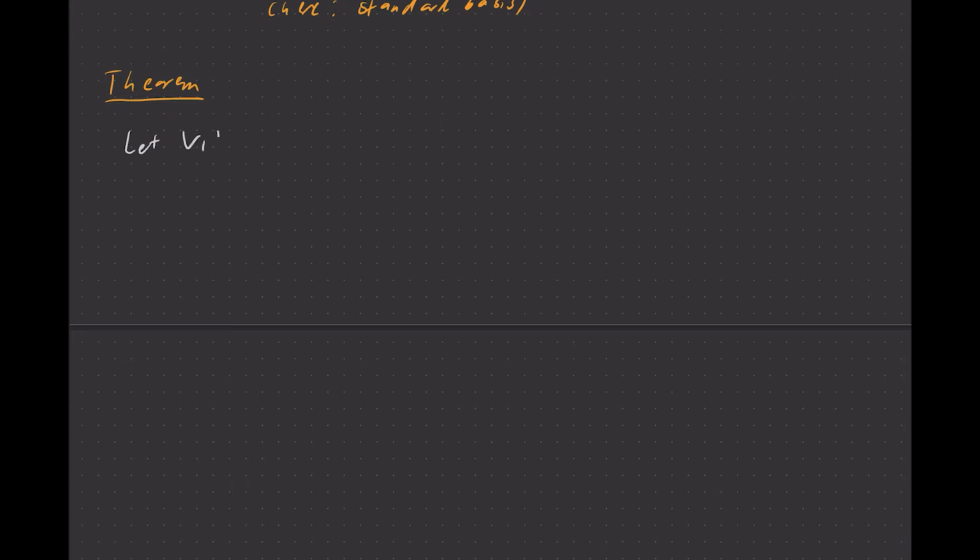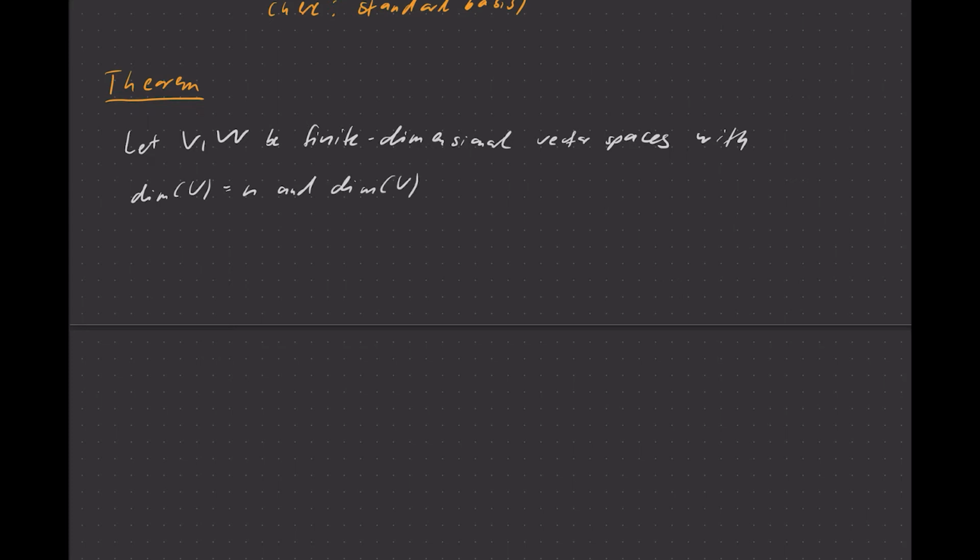So let V, W be finite dimensional vector spaces. And we'll just say, for ease of notation, the dimension of V will be denoted by n, and the dimension of W will be denoted by m.